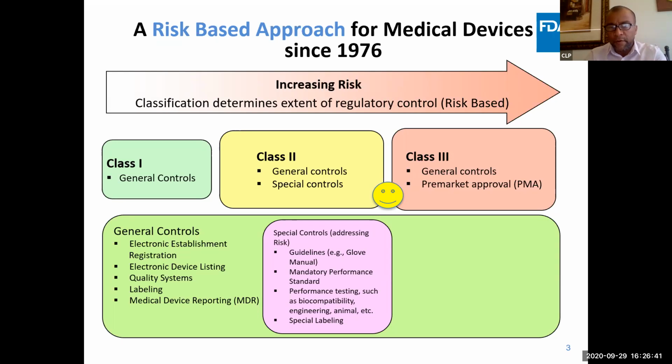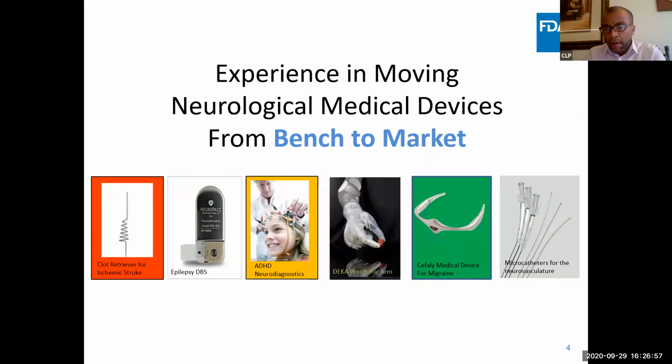And we provide oversight across the 3 classes using tools known as general and special controls, for which we help to communicate to sponsors what they need to do to meet their regulatory obligations. Next slide. We have been engaged in this technology sector for some time, and this is a favorite slide of mine.